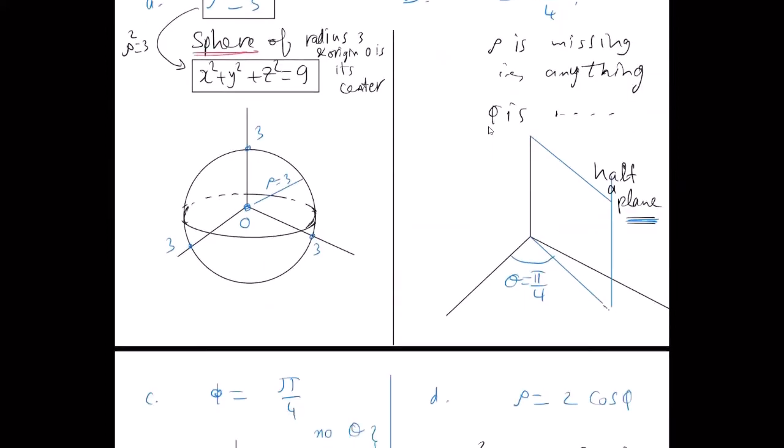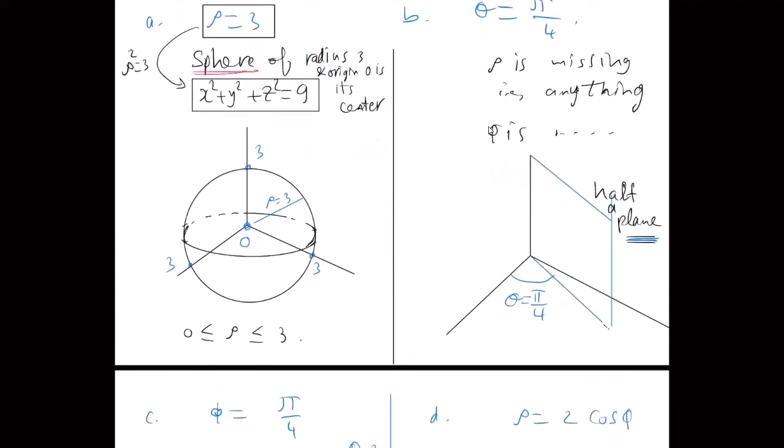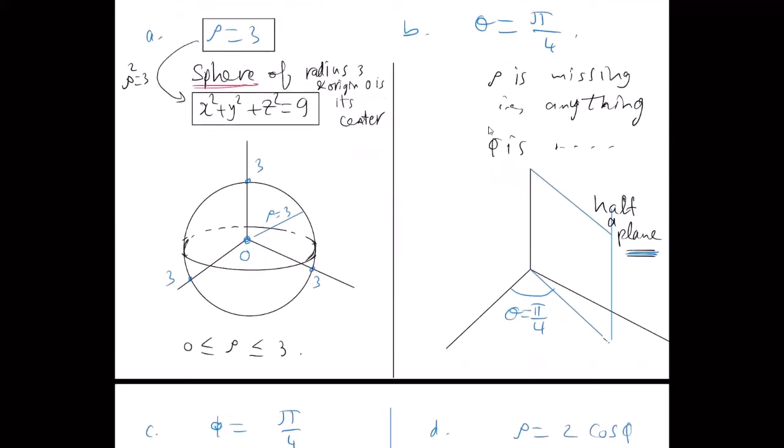Now if we need to scan all of this region in space, the whole points inside this sphere, we can write rho varies from 0 to 3. And this is exactly what we will need to do triple integrals using spherical coordinates. So we have this nice equation for the sphere and nice inequality for the solid inside, or the region inside the sphere.